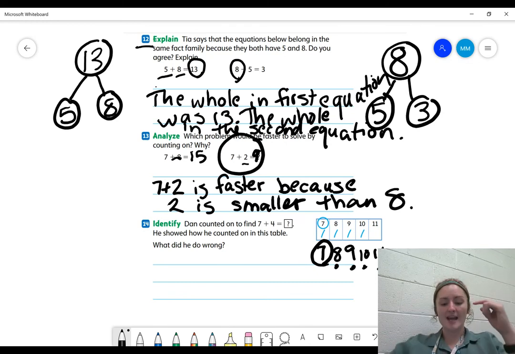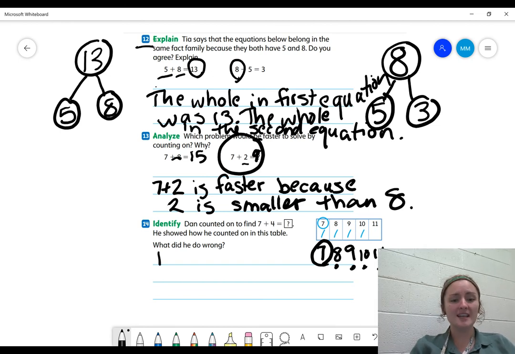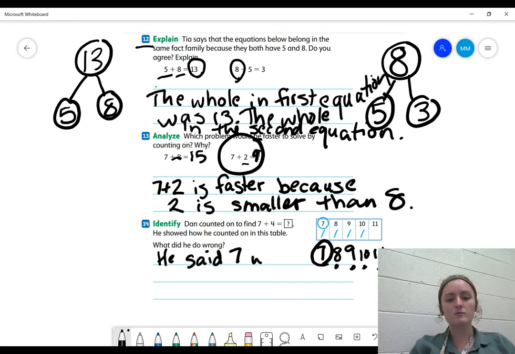So remember, friends, if we're counting on, we pound the part and count after our first part. So 7, 8, 9, 10, 11. 7 is not one of the added parts, okay? 7 is one part, and we add the other part. So what did he do wrong? He said 7 was part of the counting on.